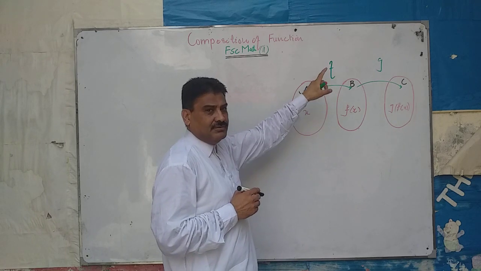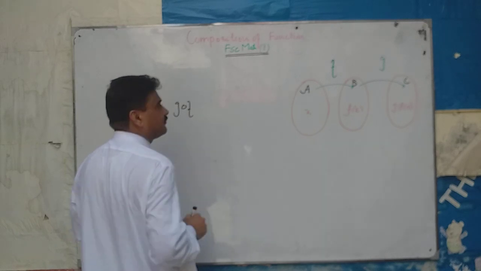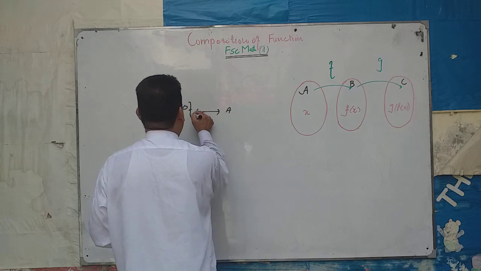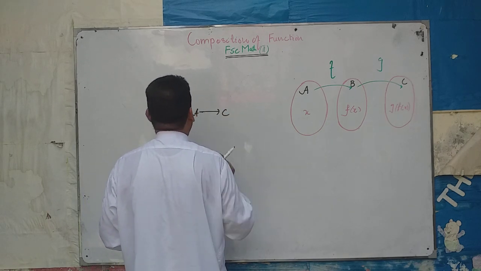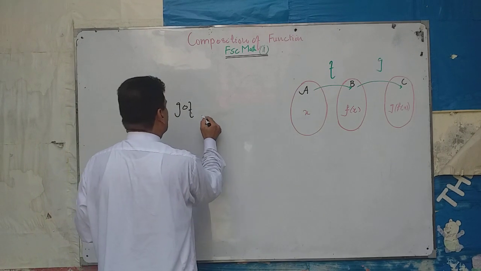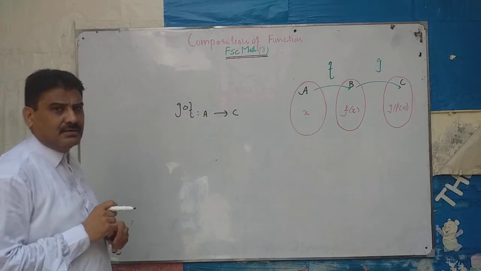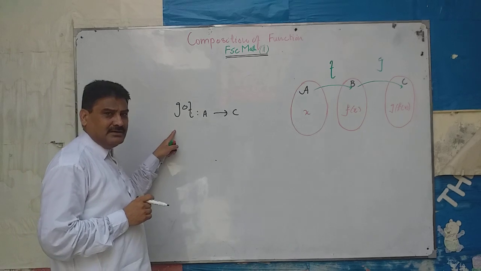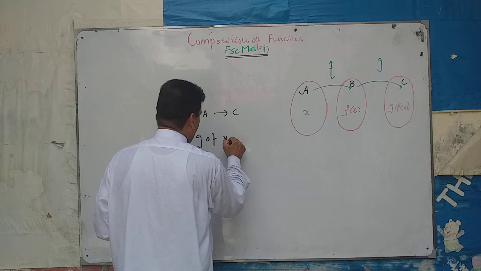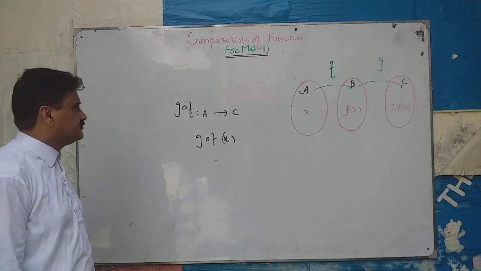In short, a new function g of f from A to C is defined by g of f of x, and it is called composition of function.